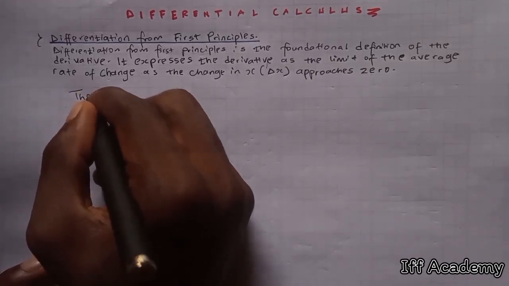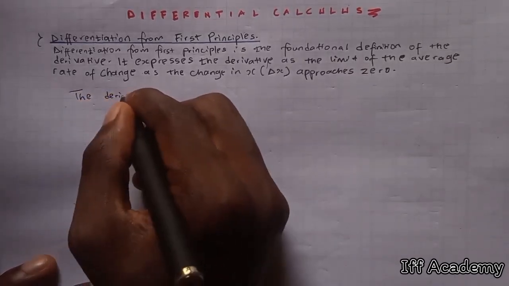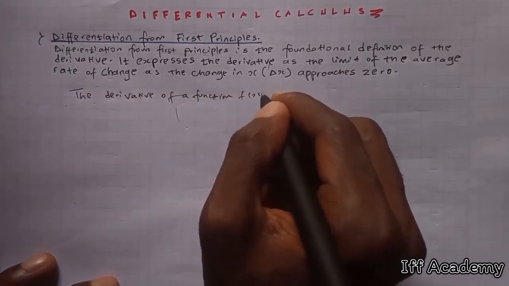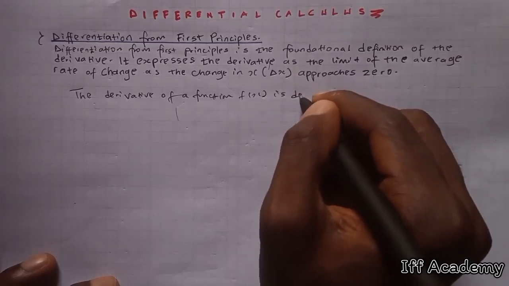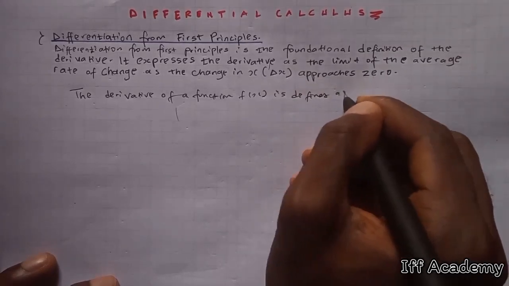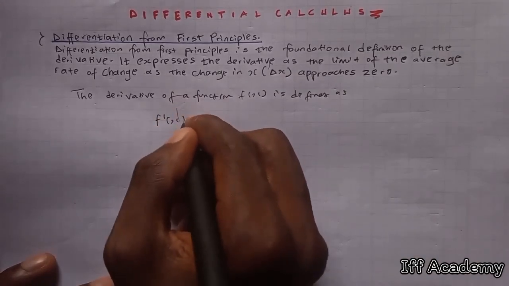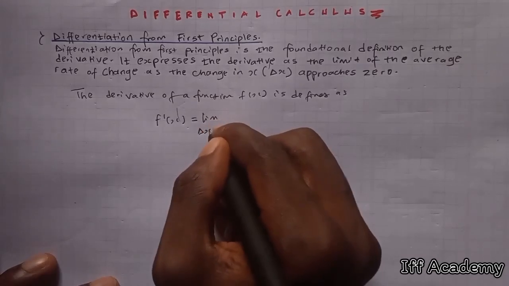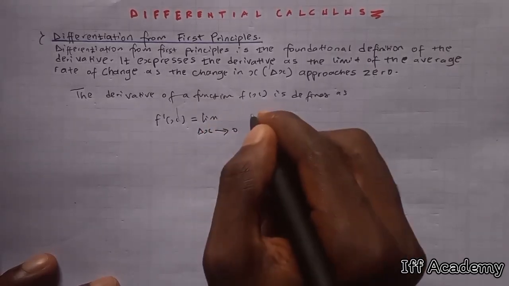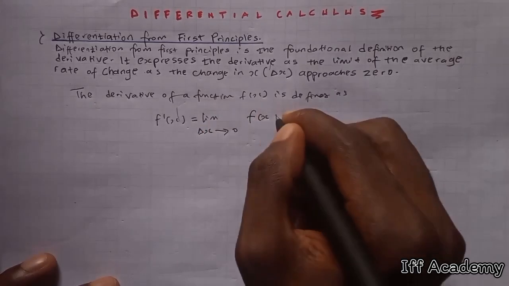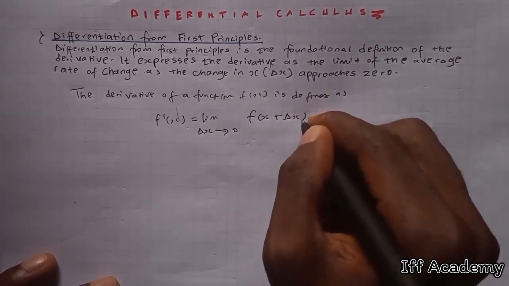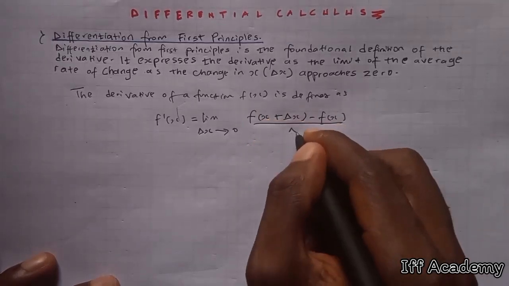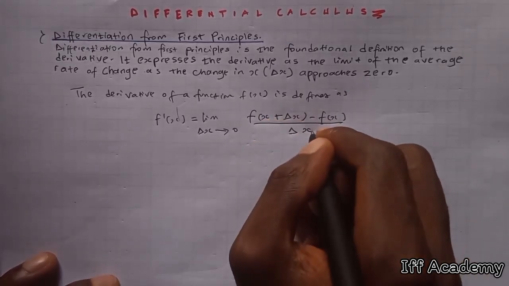The derivative of a function f of x is defined as f prime x equals the limit as change in x approaches 0 of f of x plus change in x minus f of x, over change in x.